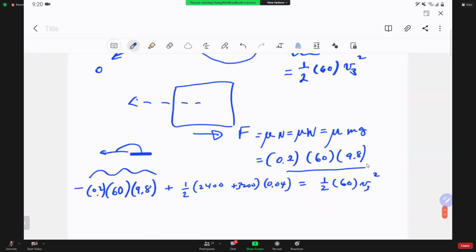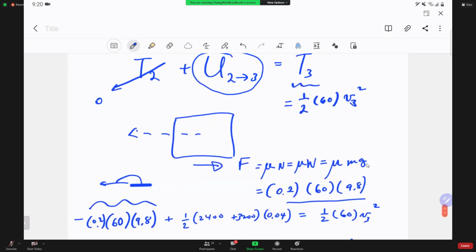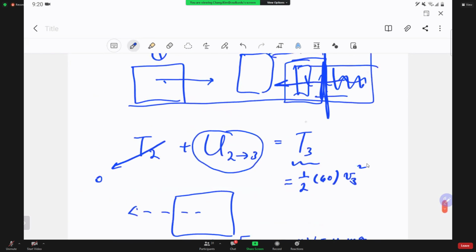And if that happens, then you can solve for the other velocity, v3, which is equal to 1.106 meters per second.